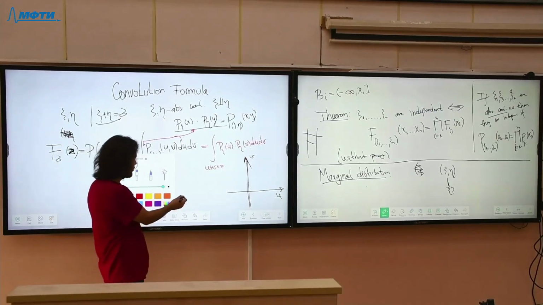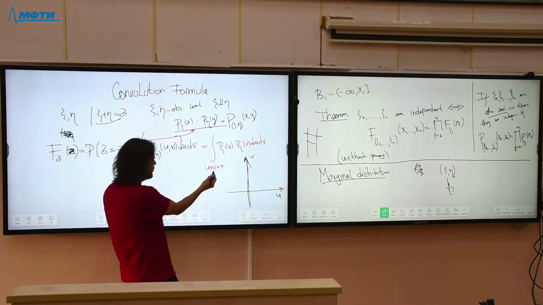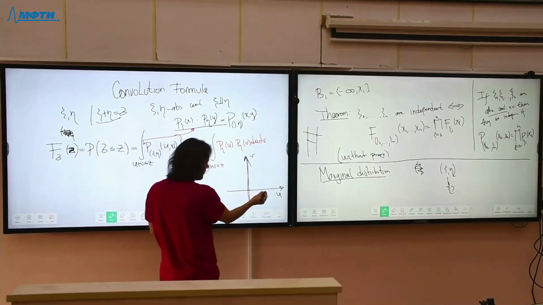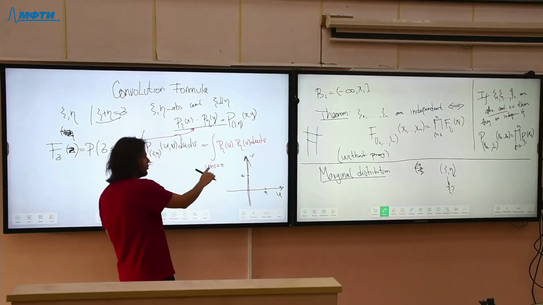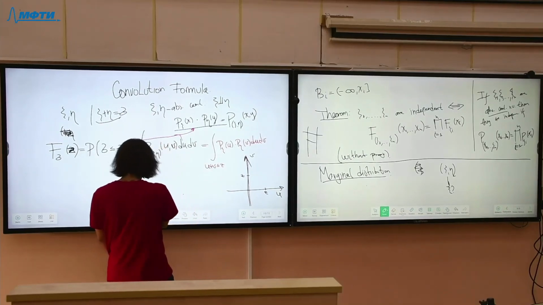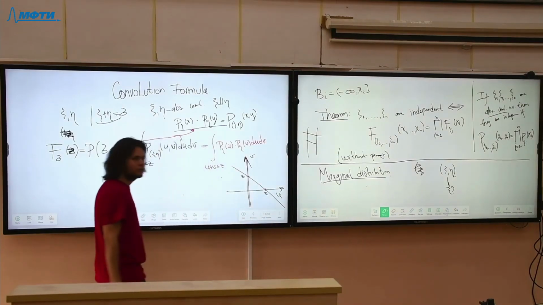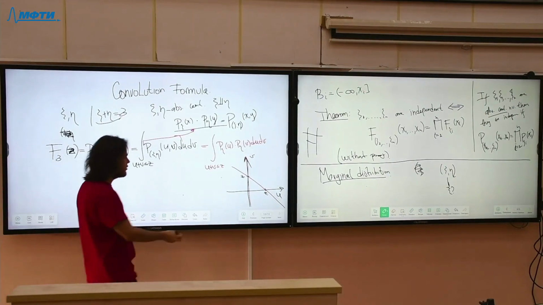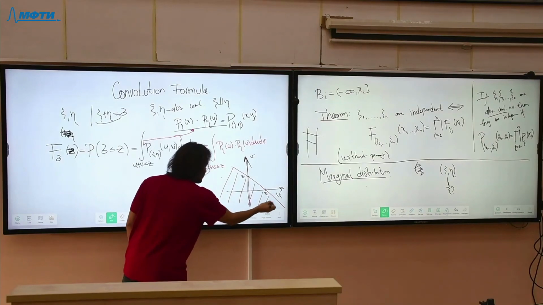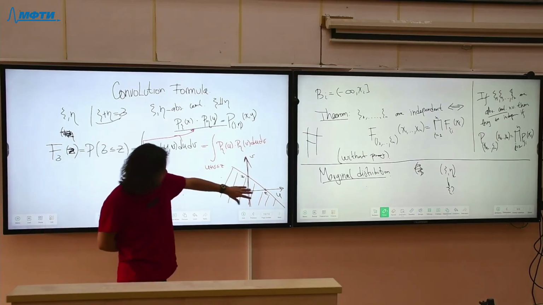What if v is 0? Then u is Z. So u plus v equals Z on this line, and u plus v less or equal than Z is all the area below it. So we have to integrate over this area.